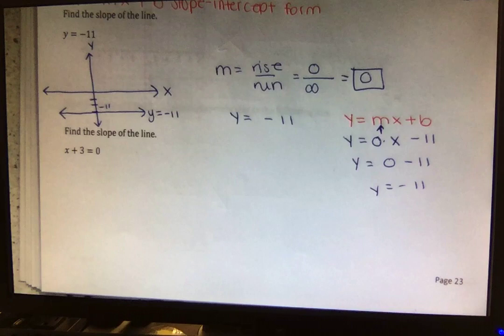So our rise is -3 and our run is 1. Rise, remember, goes up and down. So if our rise is -3, what does that mean? We're going down 3. If our run is positive 1, we're going to go in the positive direction, so to the right 1 unit.